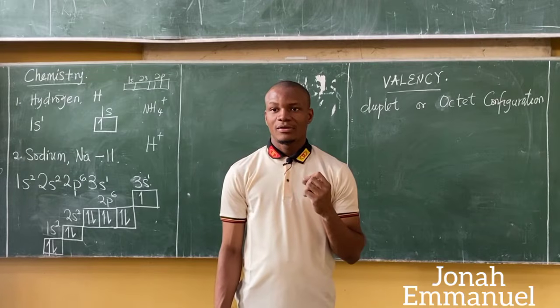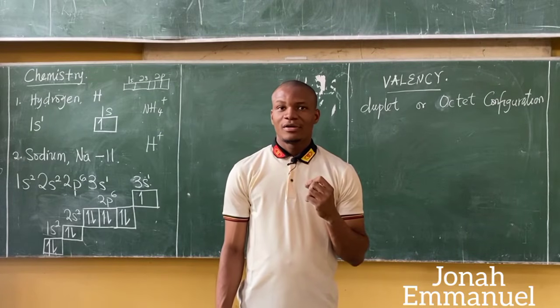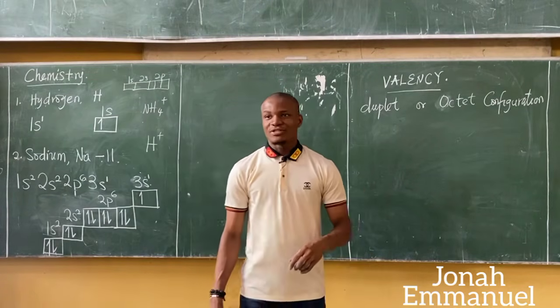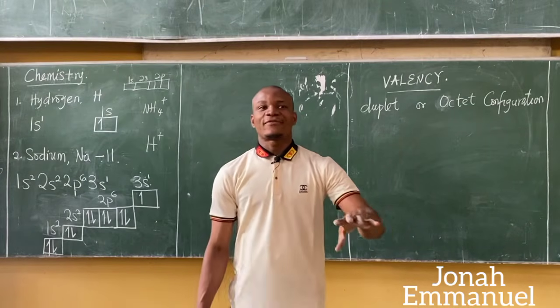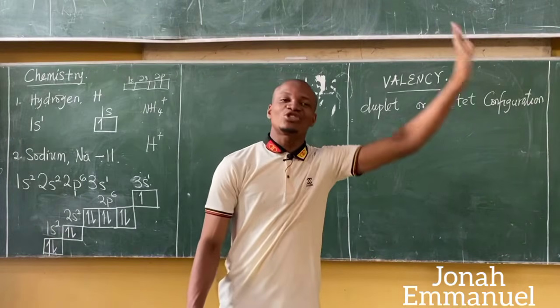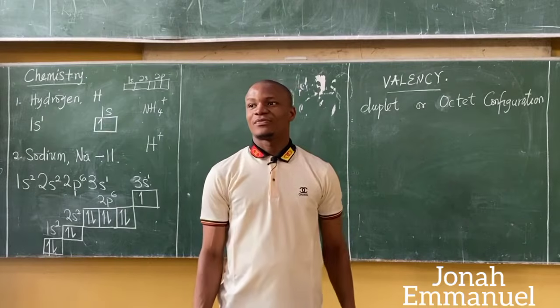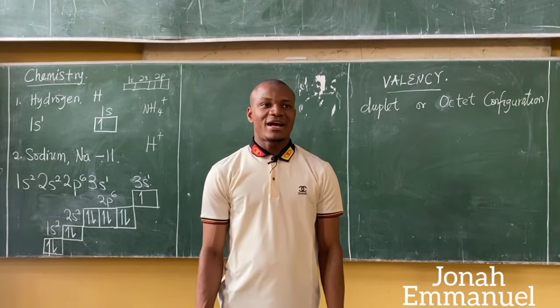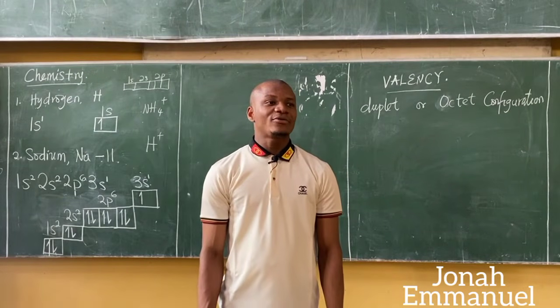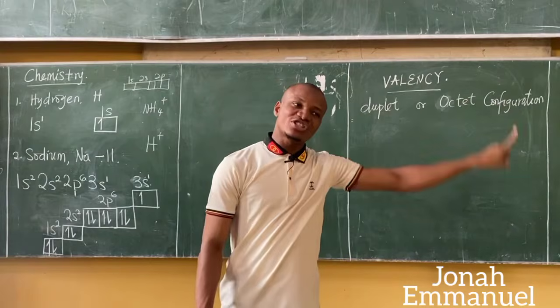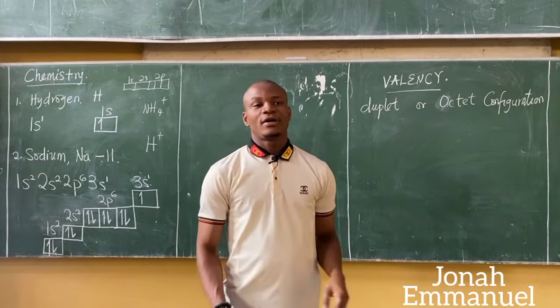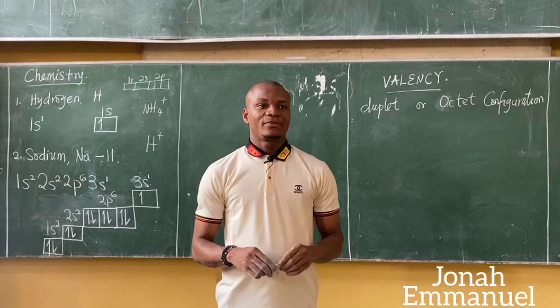Valence electrons are the electrons found on the outermost shell of an atom.